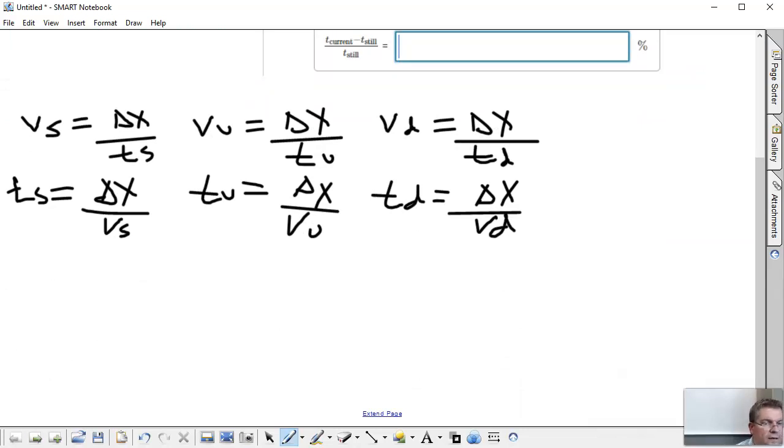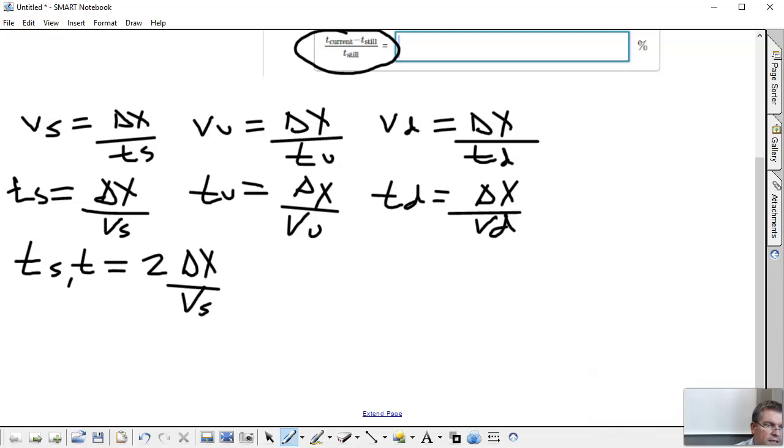Okay. We're going to substitute that into this equation that we saw right here. Current versus still over still. Now keep in mind that each of these only tells us what's going on in one direction. So the time in still water total just equals 2 times delta x over v sub s.